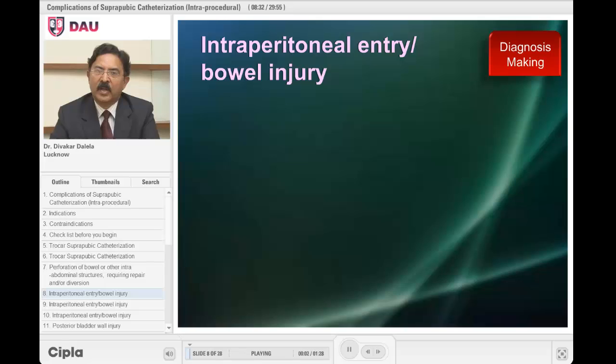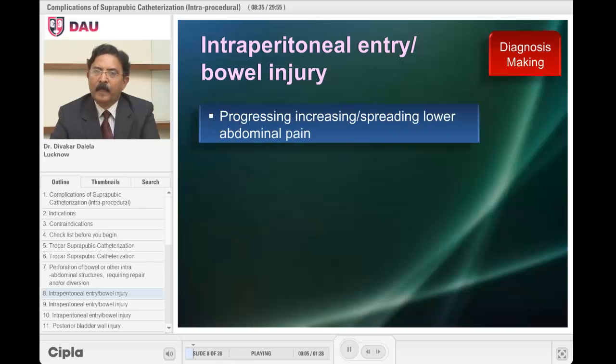When you have done a trocar cystostomy and this patient is now experiencing lower abdominal pain. Now, following trocar cystostomy, the patient should not experience significant lower abdominal pain. But if the patient is complaining of lower abdominal pain, and more importantly, as the time passes by, the pain severity is increasing and also the area of the pain is spreading.